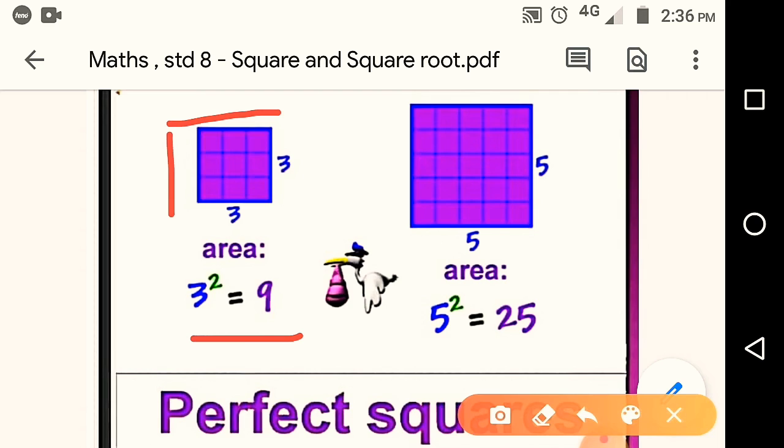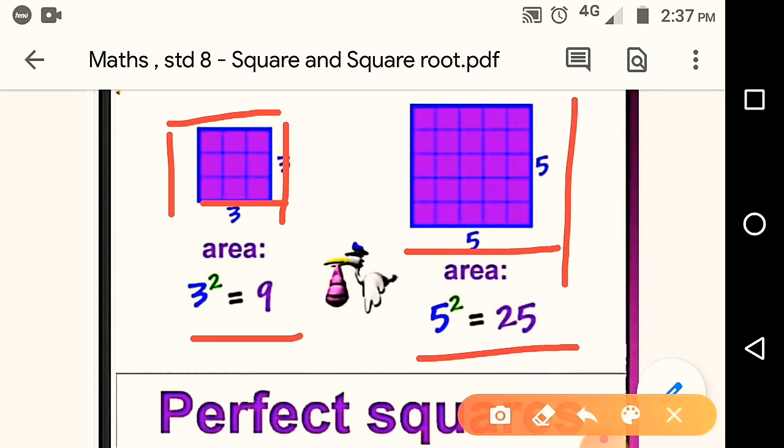So here square means this square, and we are relating it with this square. This way also 3 and this way also 3. In the same way, 5 square is 25, meaning if we multiply 5 two times, 5 into 5, it will be 25. So this way also 5 and this way also 5.